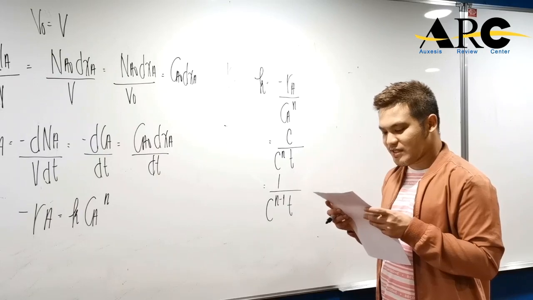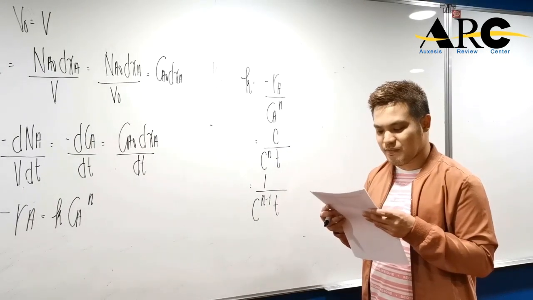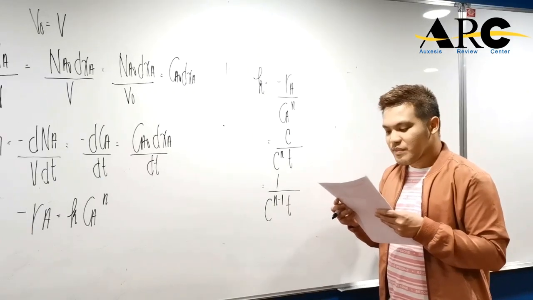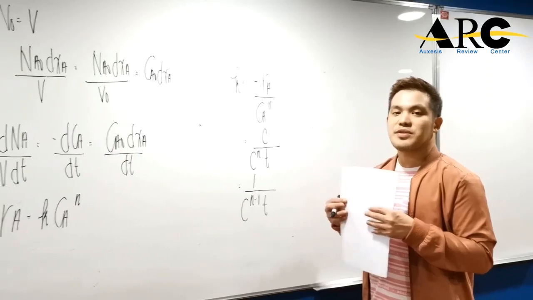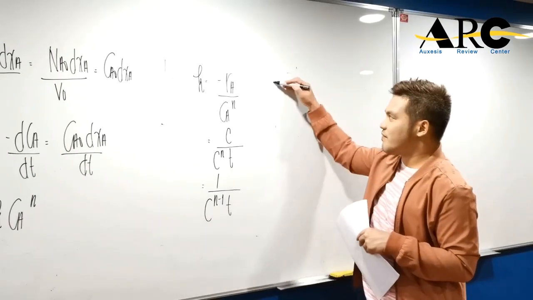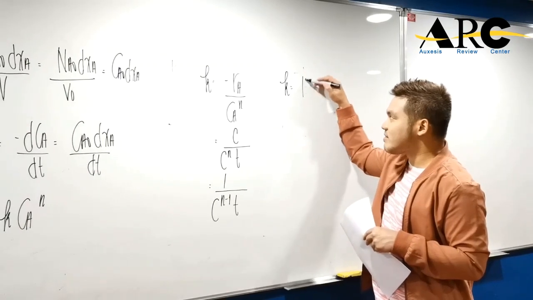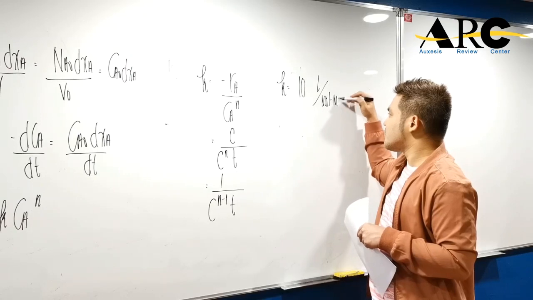So, next natin is number 3. A certain reaction has a specific rate constant of 10 liters per mole per minute. Tinatanong ano daw yung order ng reaction. So, ang value ng K natin is 10 at ang unit niyan is liters per mole per minute.